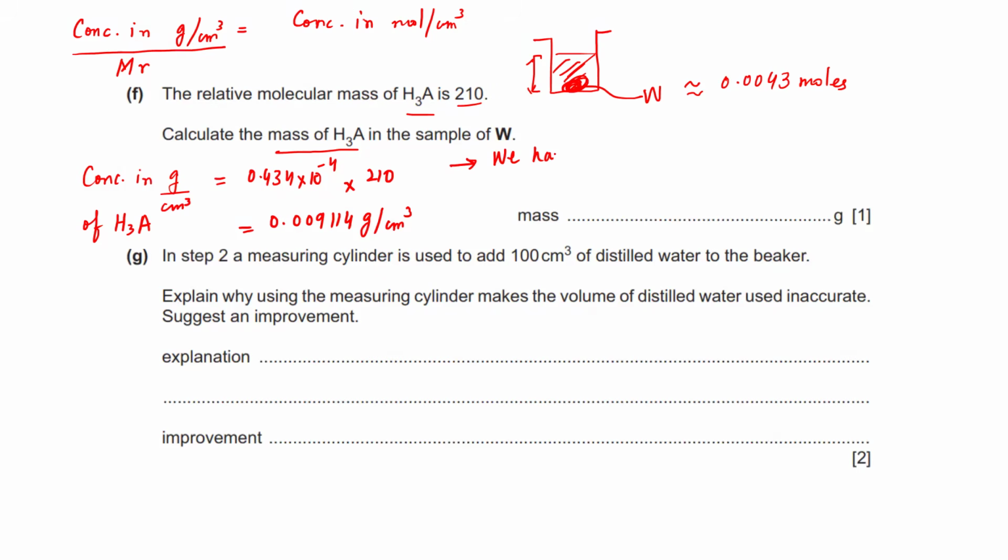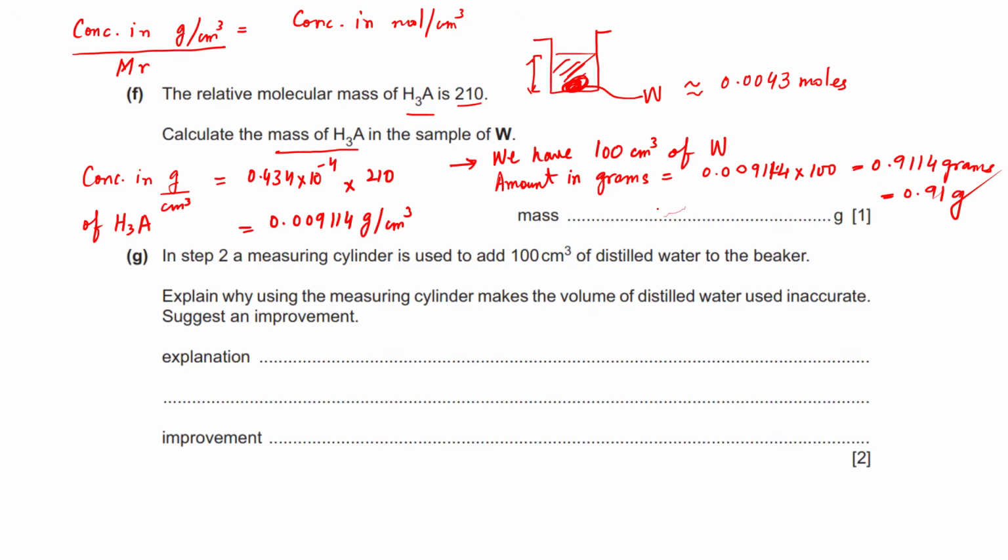We have 100 centimeter cube of W, remember, the actual solution that was prepared. So the amount in grams will be 0.009114 multiplied by 100. This gives you 0.9114 grams. So to two significant figures, 0.91 grams. Okay, so my answer will be 0.91 grams.